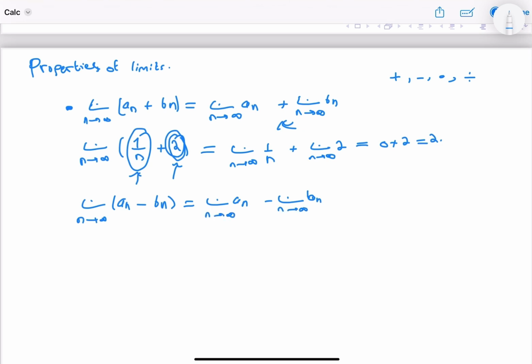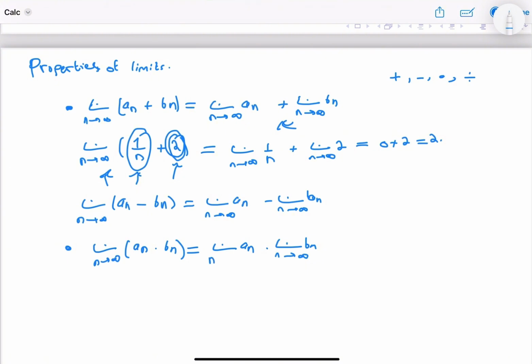The other important property is that it respects multiplication. If you have the limit of a sequence an times bn, provided all of these limits exist, the limit of this thing is equal to the limit of an times the limit of bn.